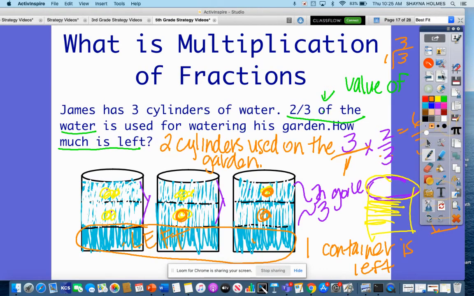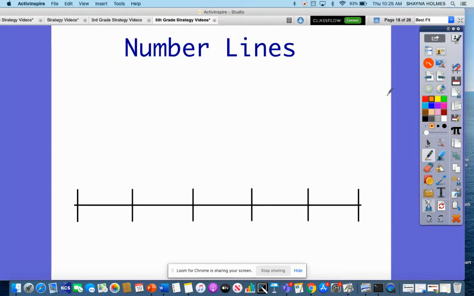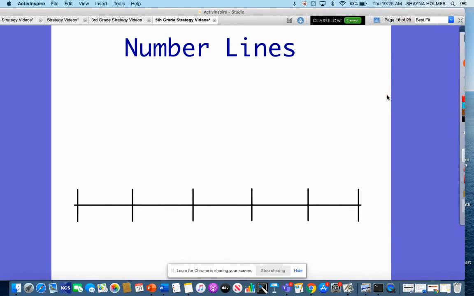Okay, let's look at using a number line to understand the products of multiplying fractions. So let's say I had 3/4 times 2/3. Remember that when I'm multiplying anything with fractions, I'm trying to find the value of something.